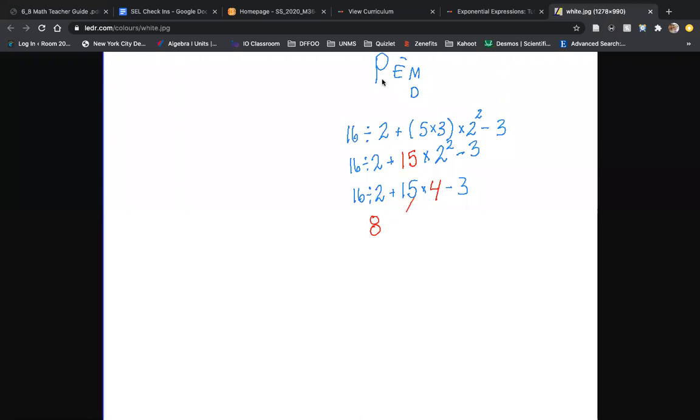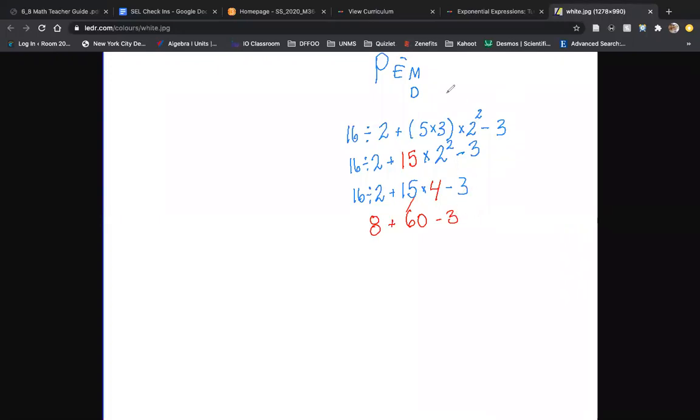Plus, now I have 15 times 4. So I'm going to multiply this out. 15 times 4 is going to give me 60, right? So plus 60 minus, I'm just going to leave it in red, 3.